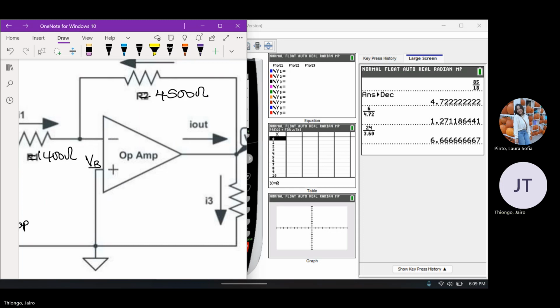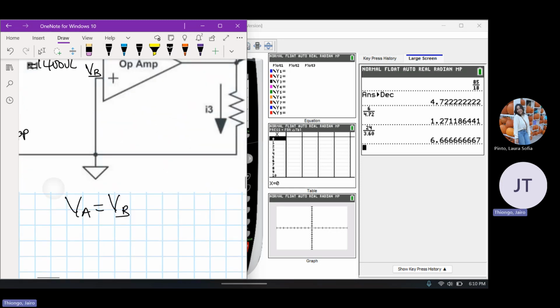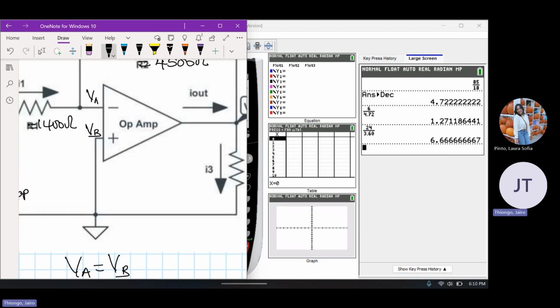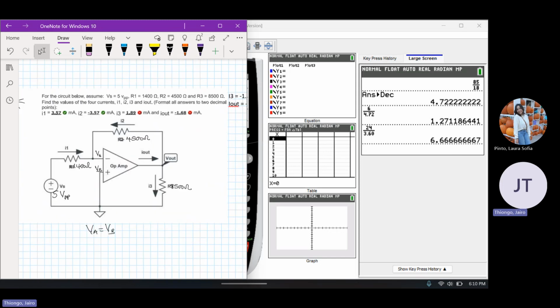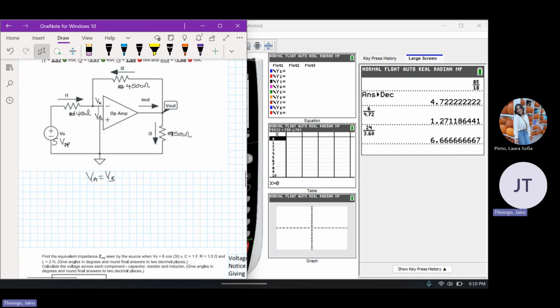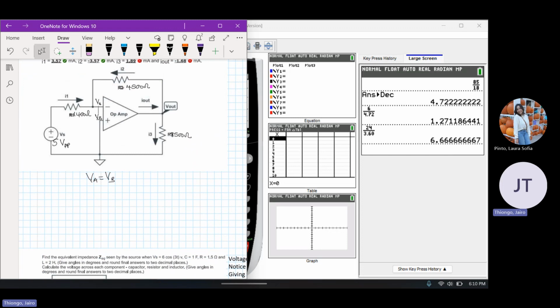So that will be our approach. We first know that VA equals VB, and that the current in this section is negligible. Our second step is viewing what type of op-amp we have. We can see that V source is connected to the negative side of the op-amp, which means this is an inverting op-amp.